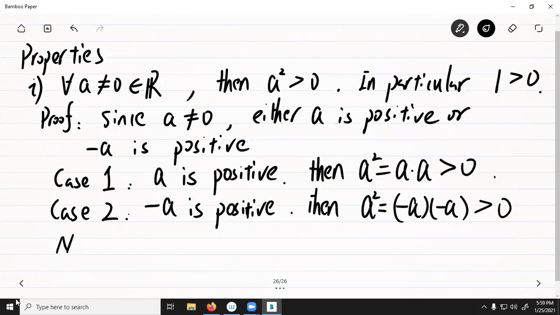We notice that there is a non-triviality axiom that says the multiplicative identity is not the same as the additive identity, so 1 is not equal to 0. Since A is an arbitrary non-zero number, we can take A equals 1.